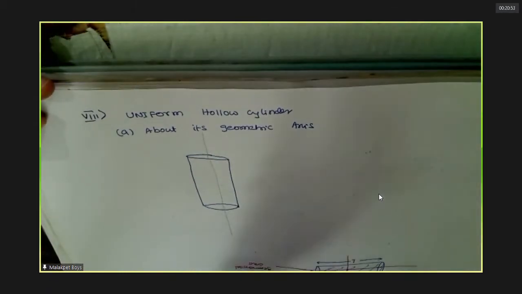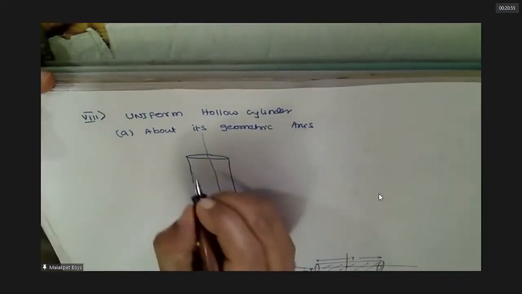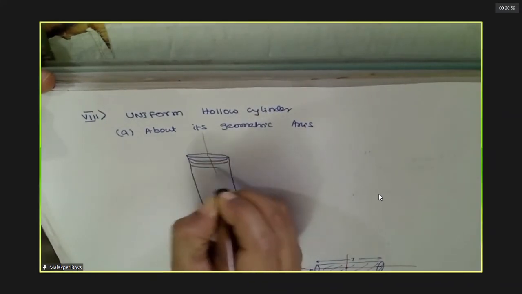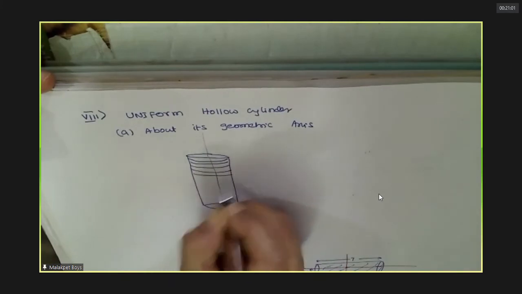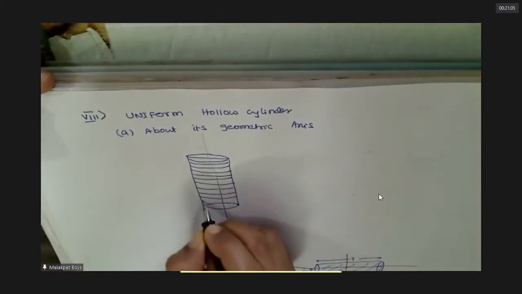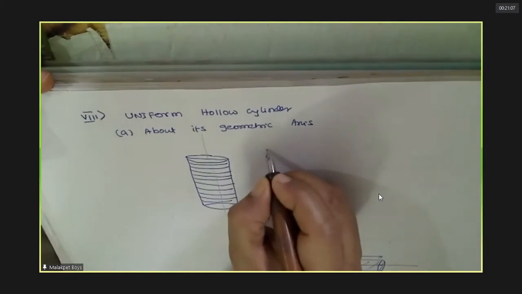Okay. About this geometric axis. Now, if you observe this, if you cut all this into several parts, what is that you will get? Rings. So, cylinder.